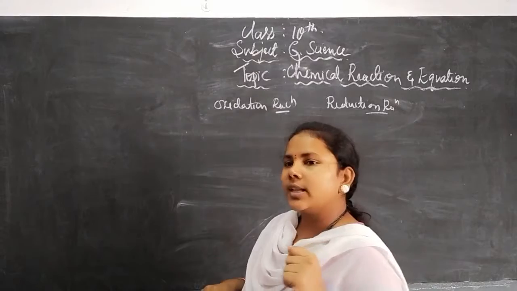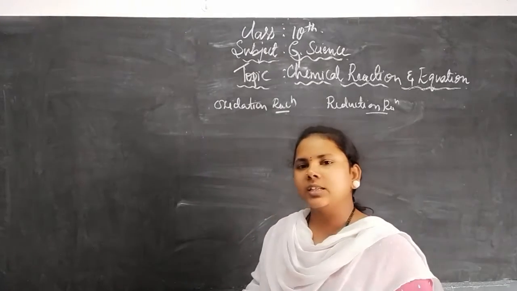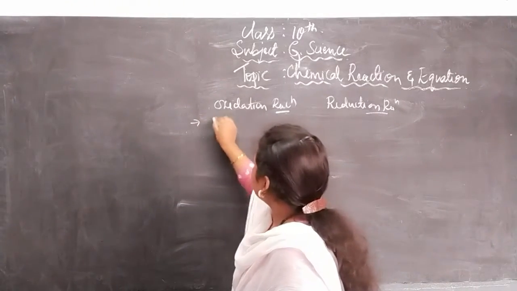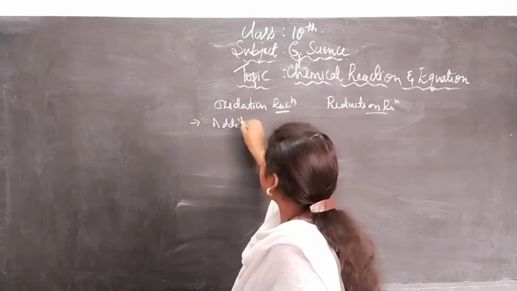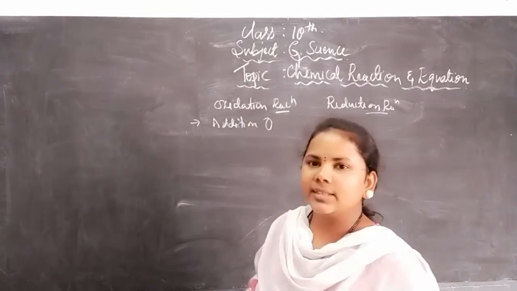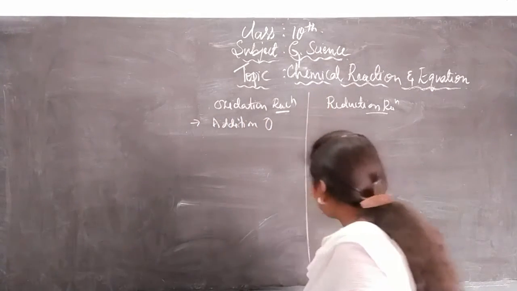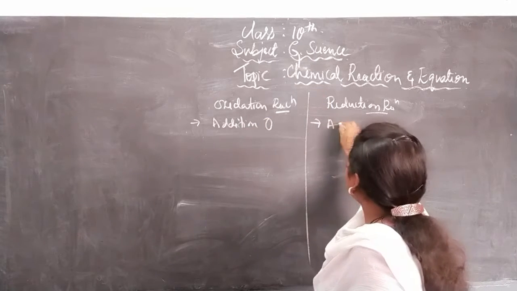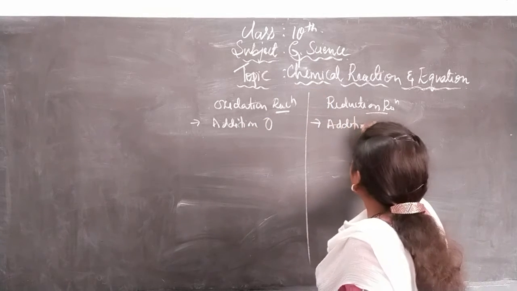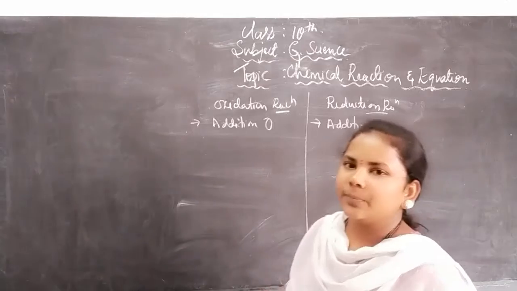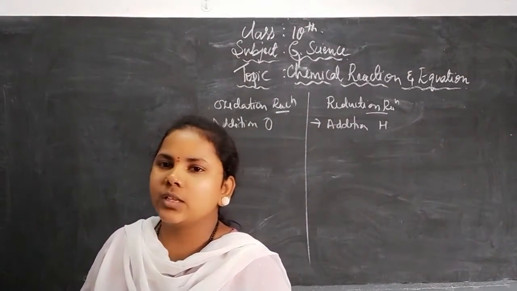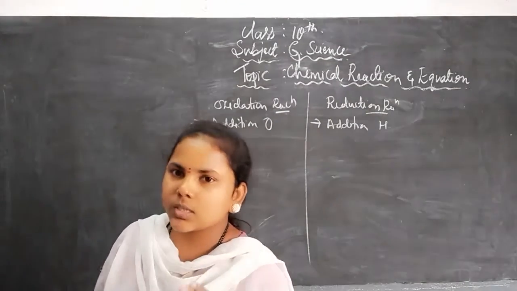What do you mean by oxidation reaction? Oxidation reaction is nothing but the addition of oxygen takes place, whereas in the case of reduction, there is an addition of hydrogen. In many of the reactions we have seen, hydrogen is there or oxygen is there.